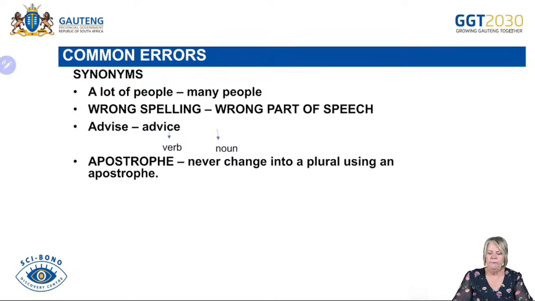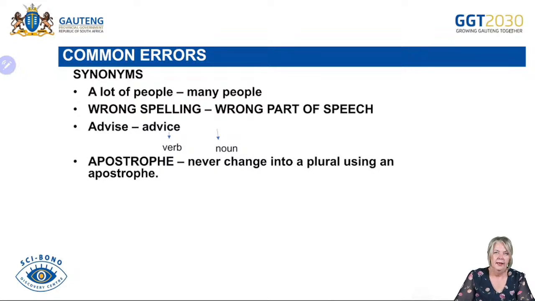The use of the apostrophe. Now, if we went back to the passage, you would know the writer here used the word loved ones. Loved one apostrophe S. What does the apostrophe do? The apostrophe is actually there to indicate possession, contraction, or omission.